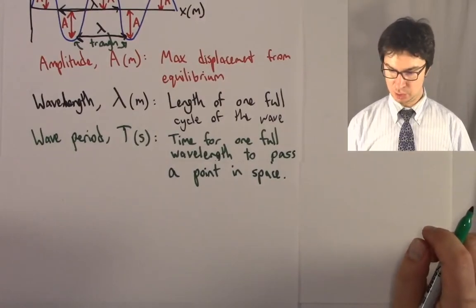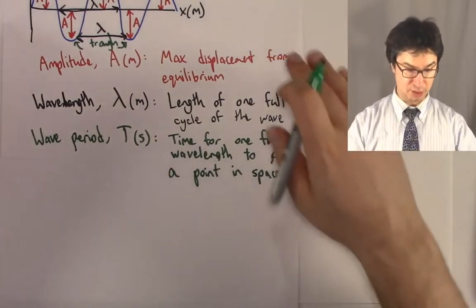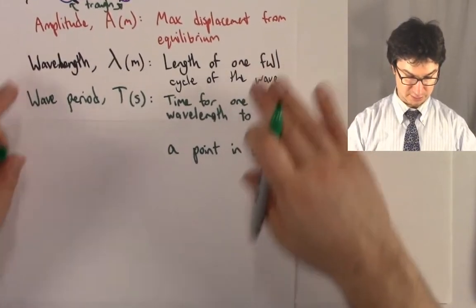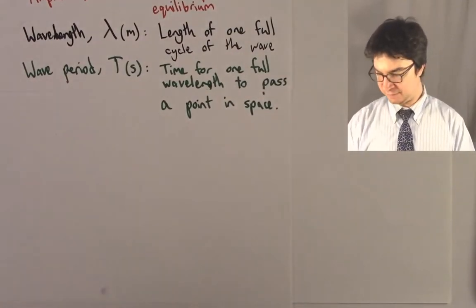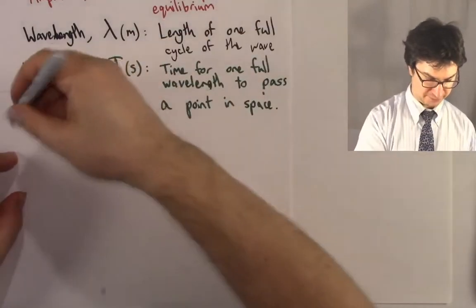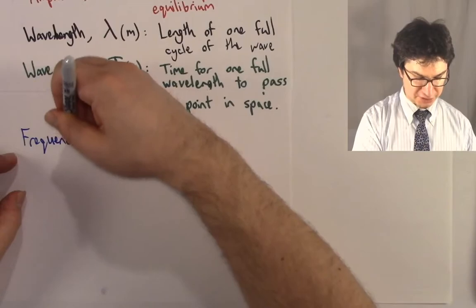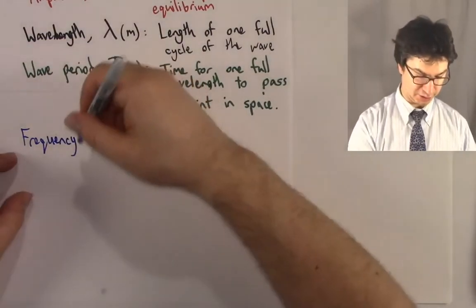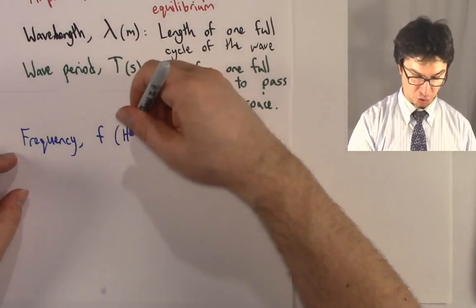All right, we can also measure something very important called the frequency. And the frequency is a very, very critical aspect of a wave. Now, you encountered this word frequency when you studied oscillations. The frequency is a lowercase f. The unit is the hertz.